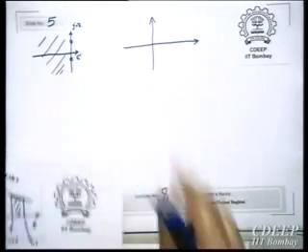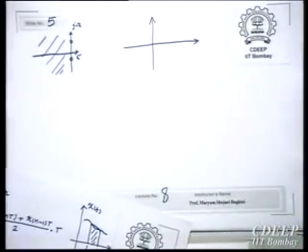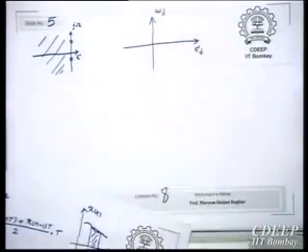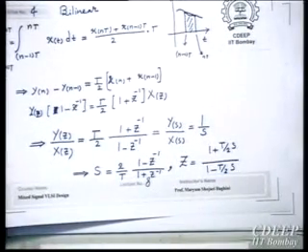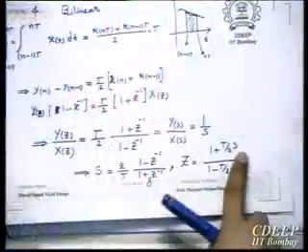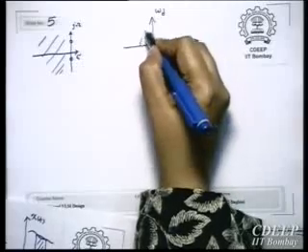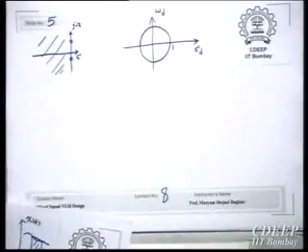Where will j omega be converted? Inside, outside? You just replace s by j omega. Where? On the unit circle. Because if you replace s by j omega, the magnitude of this z will be 1. Therefore, this is a very correct approximation for this axis. Therefore, we will get everything on the unit circle for frequencies on the j omega axis.